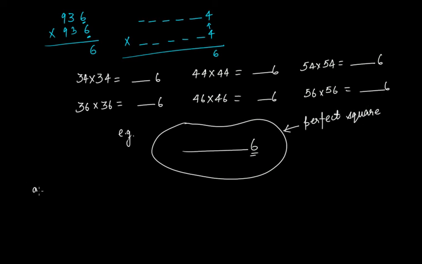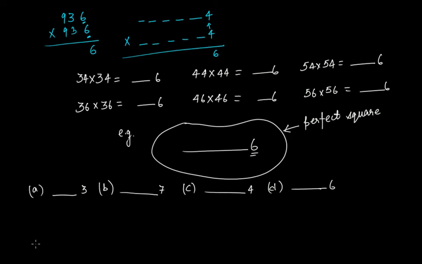Option A is a number ending with 3, option B is a number ending with 7, option C is a number ending with 4, and option D is a number ending with 6. If it's asked which of these 4 options is the number whose perfect square is this number.